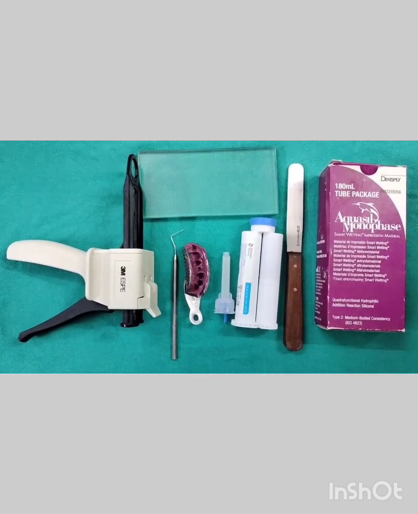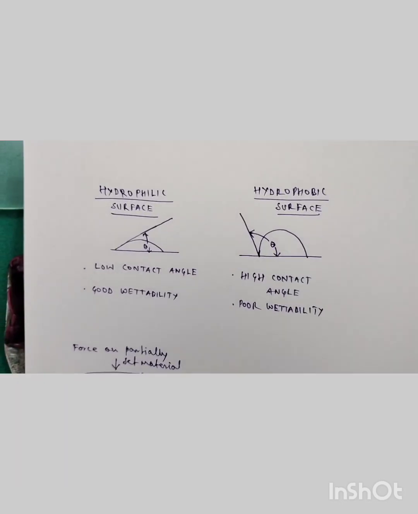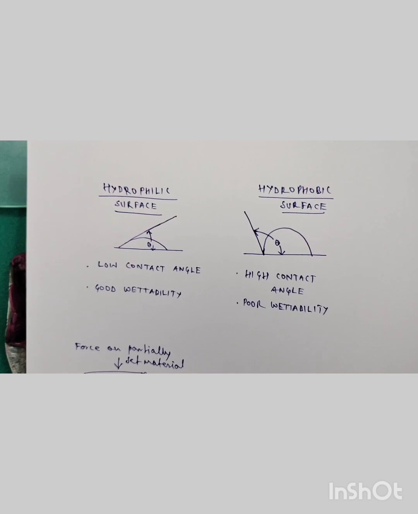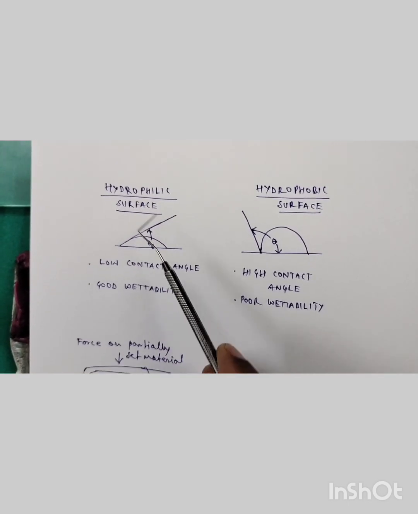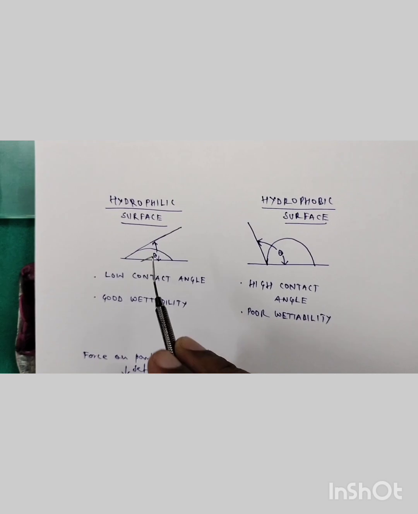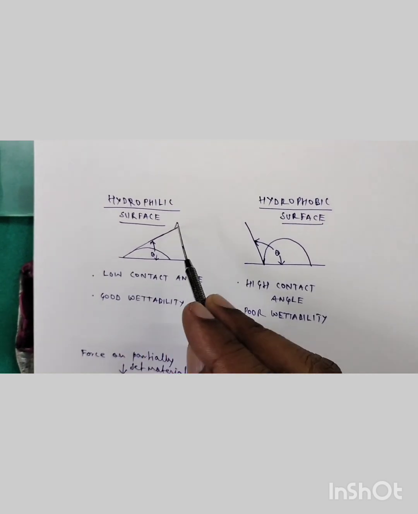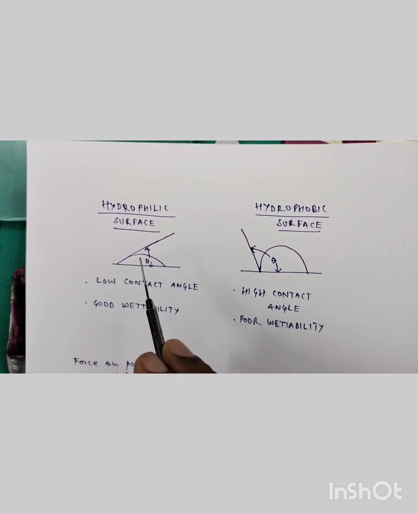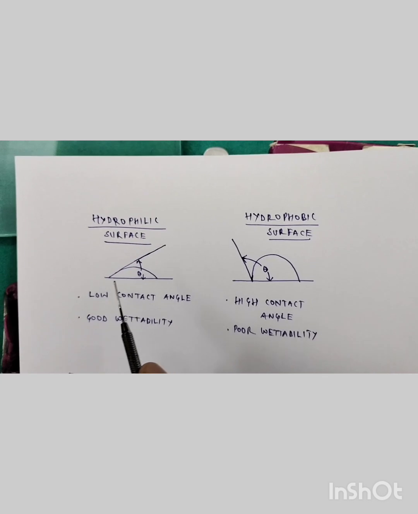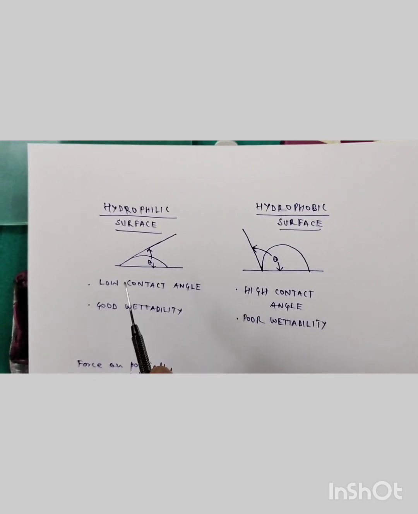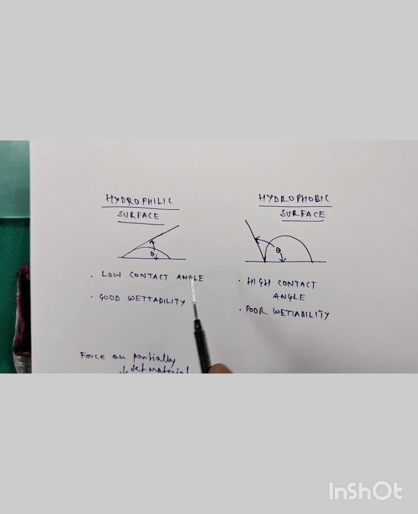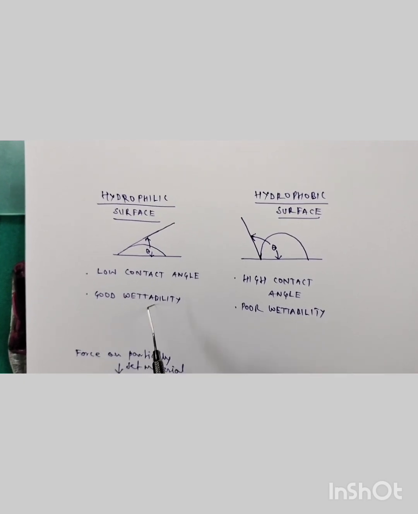A hydrophilic surface has a low contact angle. That is, the angle between the elastomer and the water molecule is an acute angle. So it has a low contact angle, and this gives good wettability.